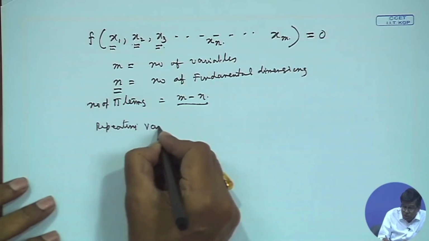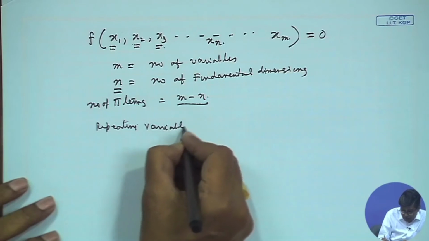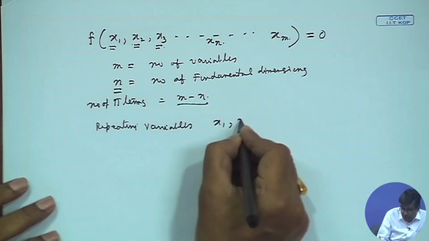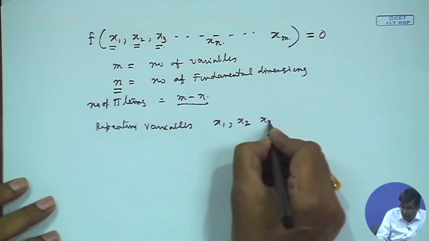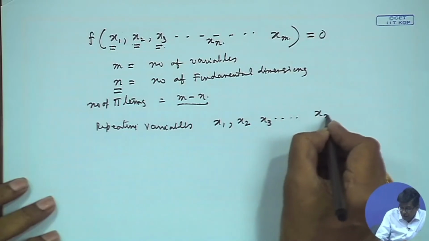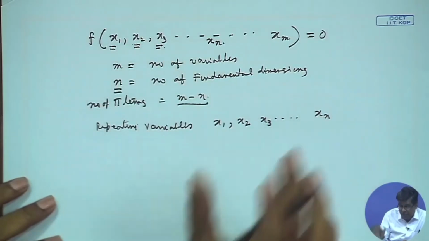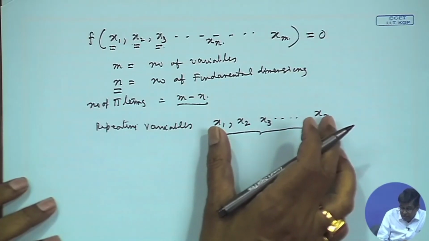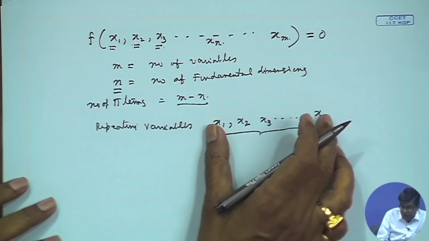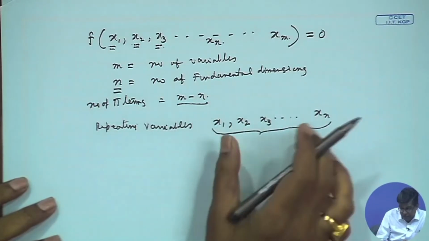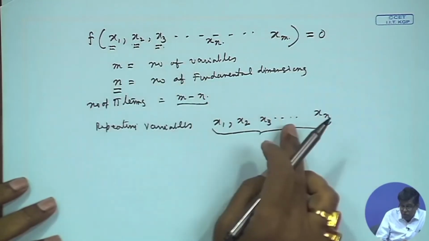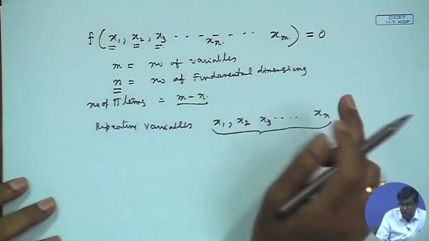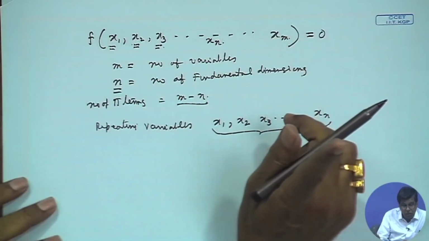We choose any n number of physical dimensional variables arbitrarily, but there should be a caution. In these n repeating variables, where n is the number of fundamental dimensions, no variable should be an output parameter of the process. That is number one caution.